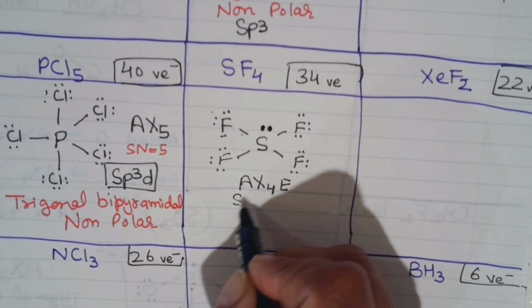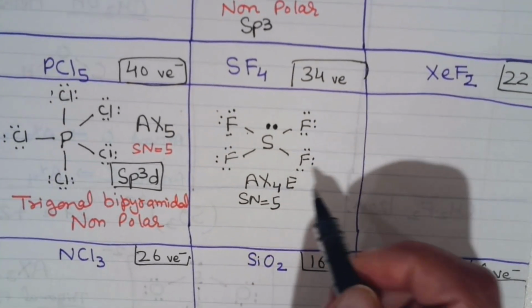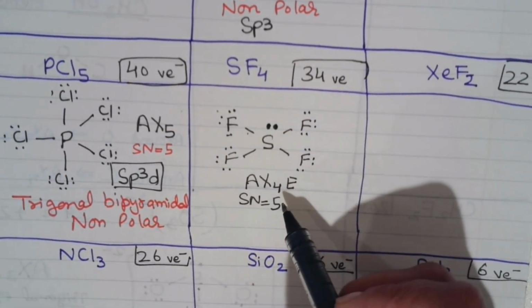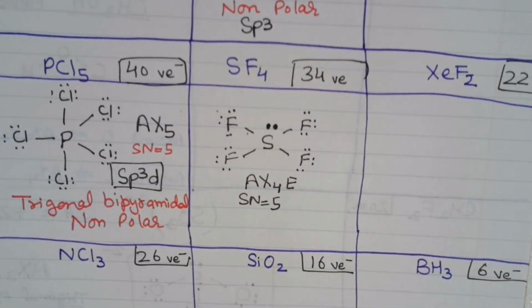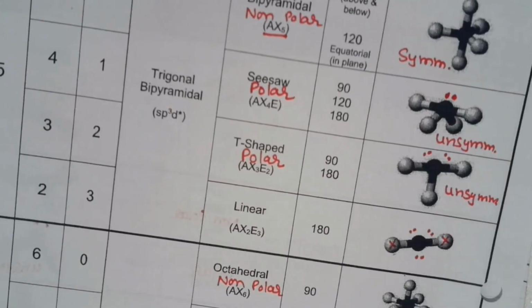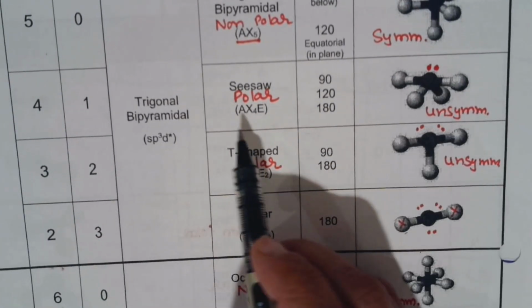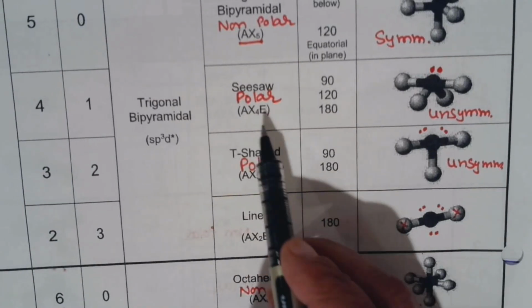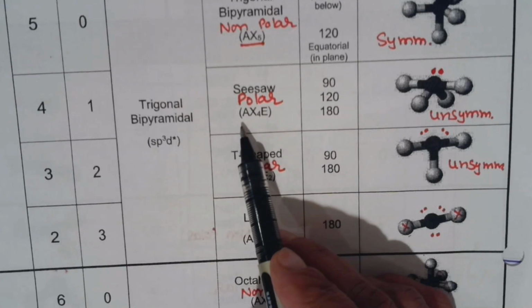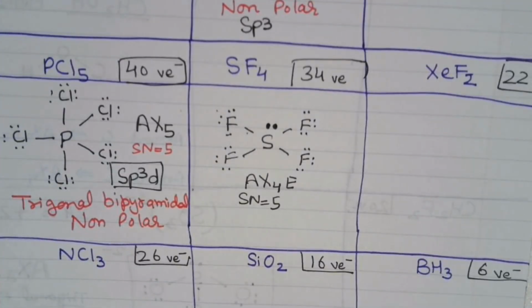Steric number is 5. So SF4 should be AX4E, that should be seesaw shaped, right? And then the molecule is polar because this is unsymmetrical, right?